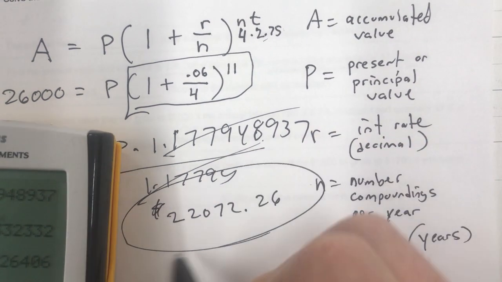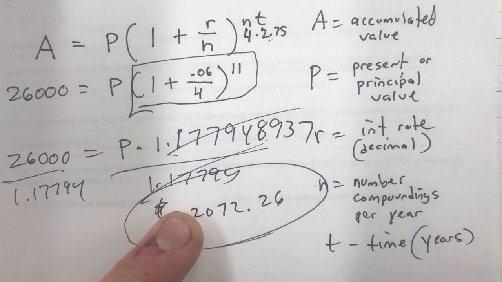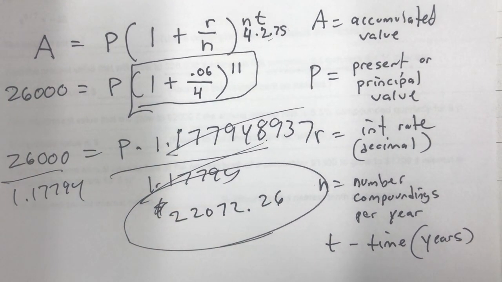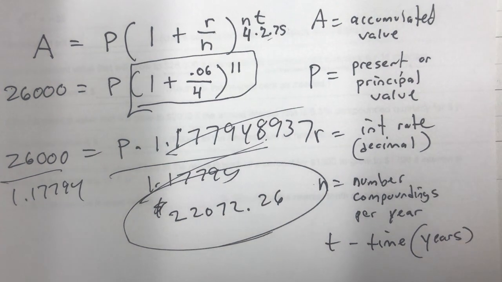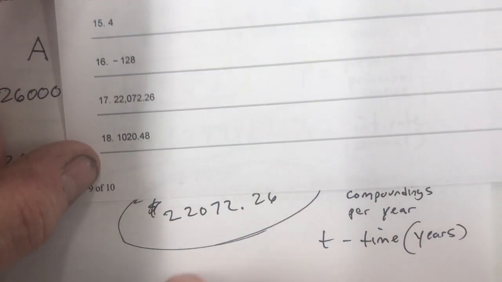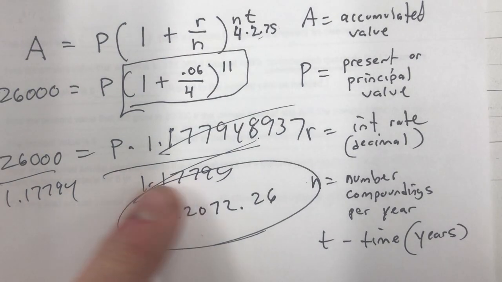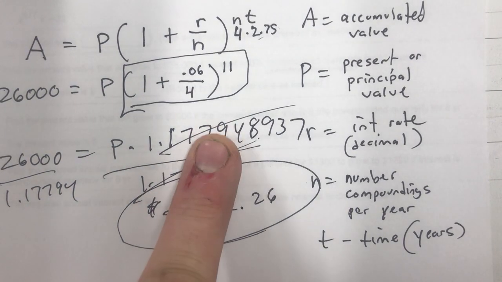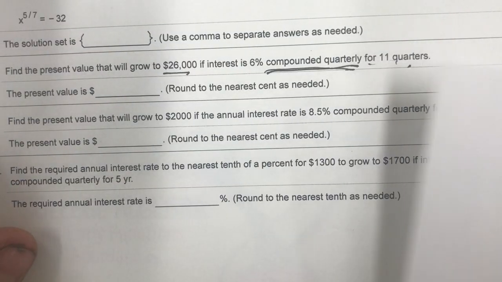And that's what the present value was. This 22,000 grew to 26,000 in just a little over 2.5 years. Let's see here. I got the answer right. There it is. Now what I did there with that button, you just divide both sides by this thing right here. Don't worry about the button thing I did. I just did that as a little shortcut.